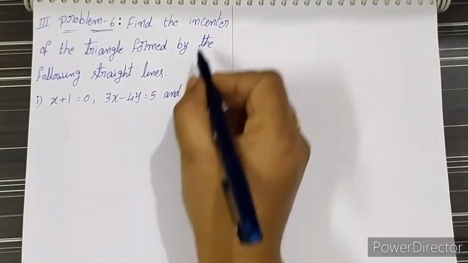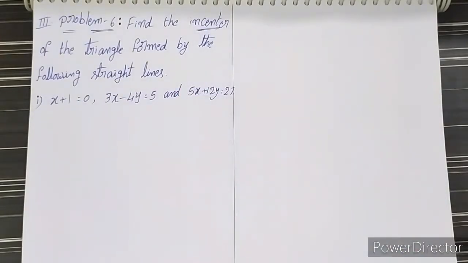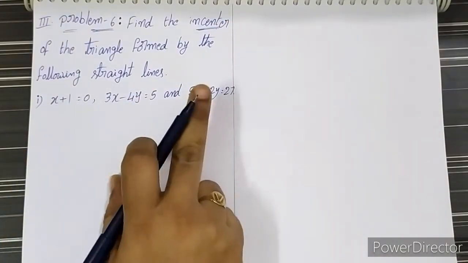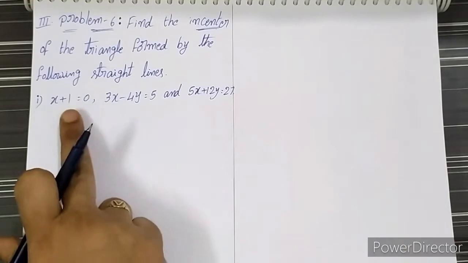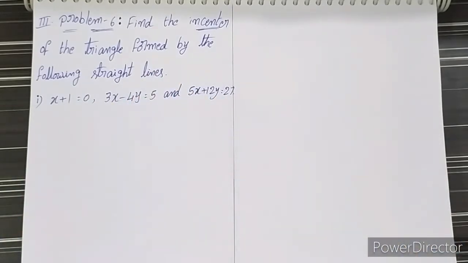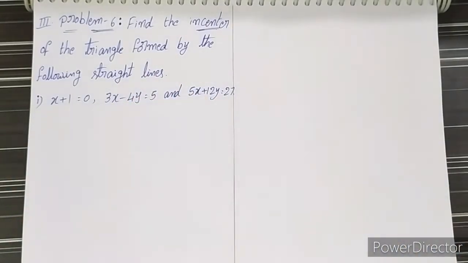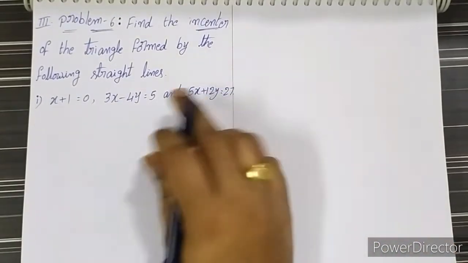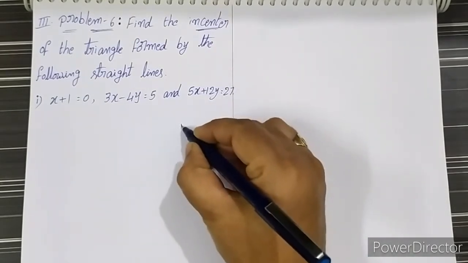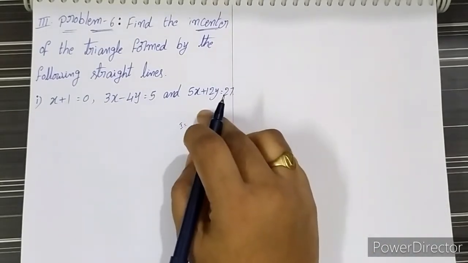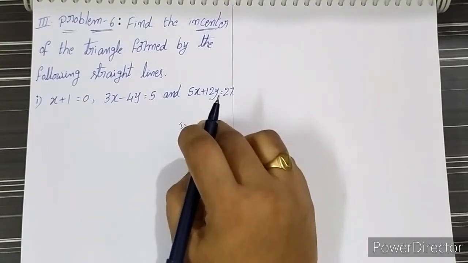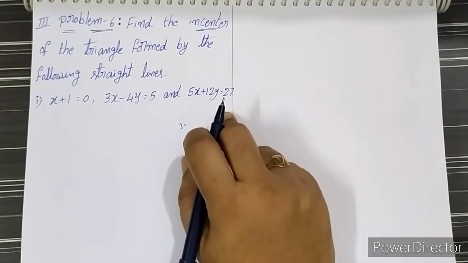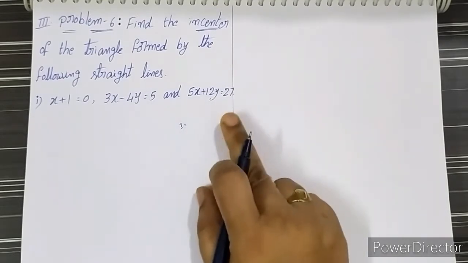In this problem we have to find out the incenter of the given triangle. For finding the incenter, the straight line equations are given, that means the sides of the triangle are given. For finding the incenter, we have the formula I equal to (ax1 plus bx2 plus cx3) by (a plus b plus c), comma (ay1 plus by2 plus cy3) by (a plus b plus c).